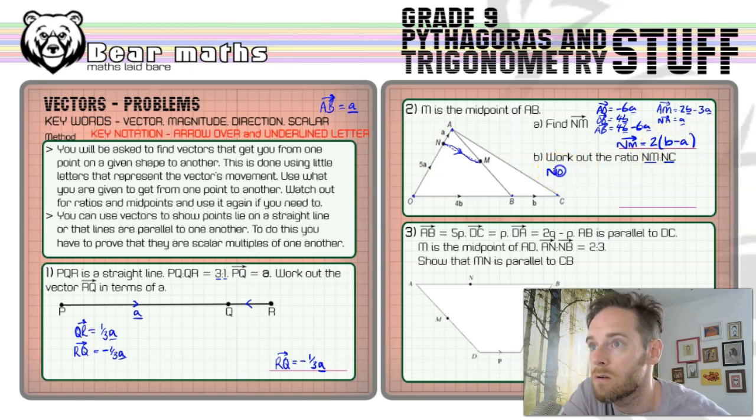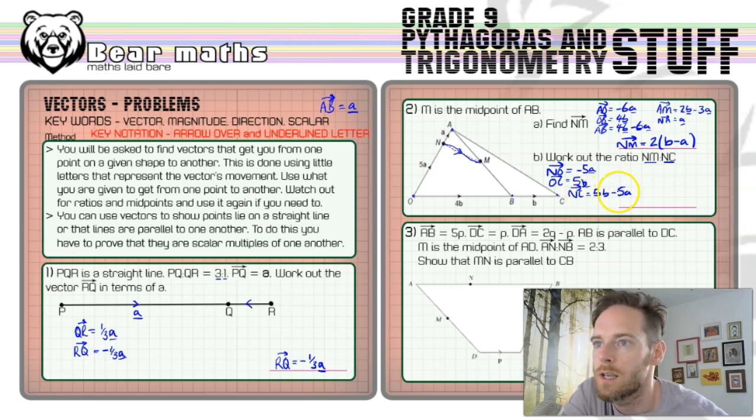N to O is minus 5a, and O to B, sorry, I might as well go O to C. O to C is 5b. So we're going to collect these together so we can get from N to C. N to C is equal to 5b minus 5a.